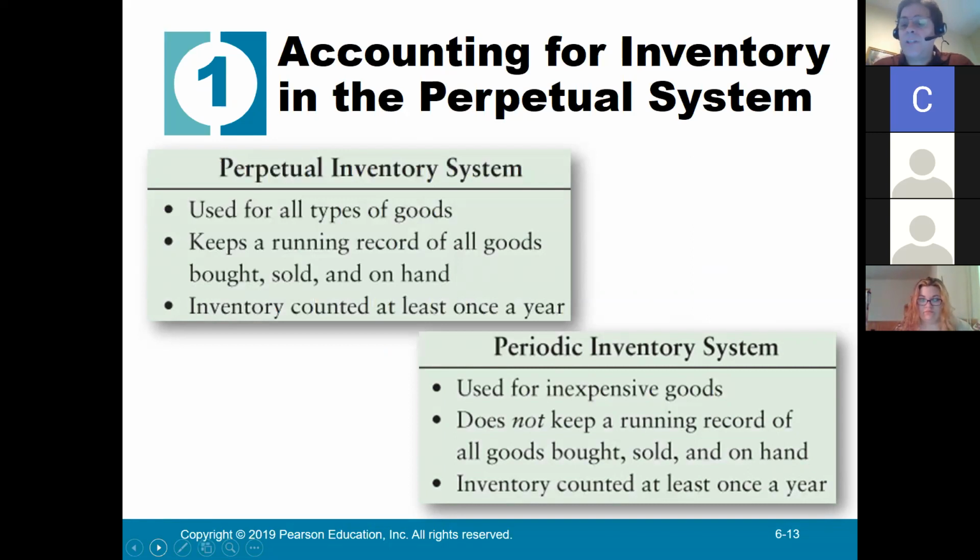So we're not going to spend time on that, right? So you can kind of chalk periodic up. You just kind of know it exists, but we don't really care how we're going to account for it, at least in the inventory setting.